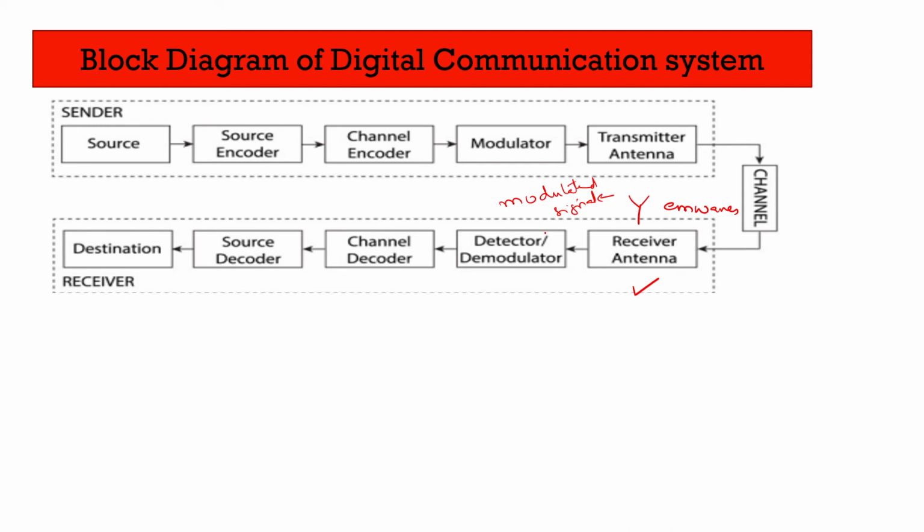The modulated signal is given to the demodulator. So what does the demodulator do? Here we extract the message signal. Whatever we have transmitted, we extract the message signal from the modulated signal.